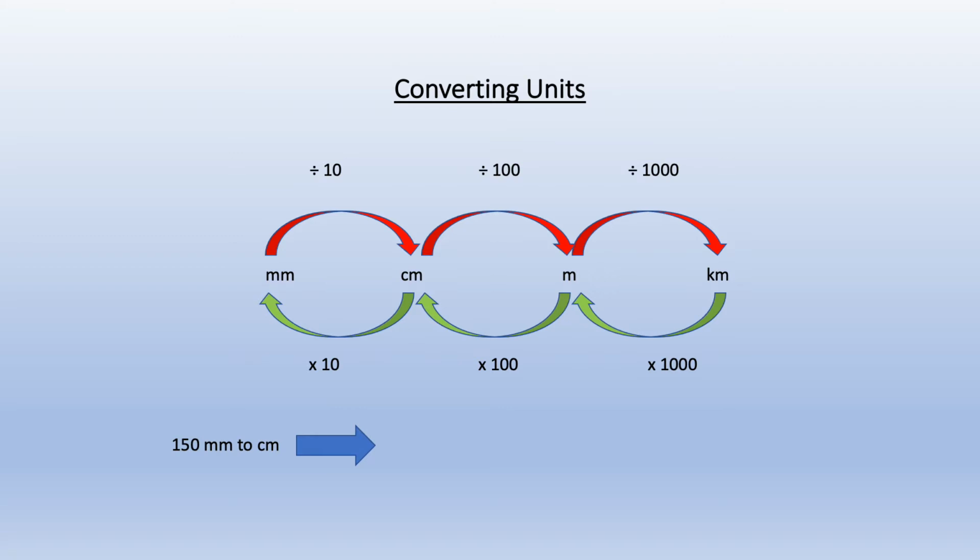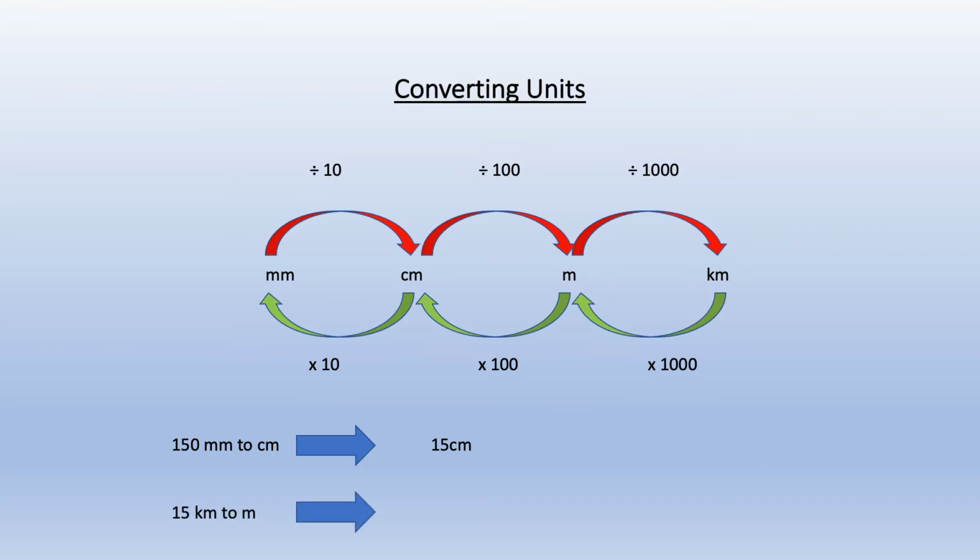For example, we have 150 millimetres, which needs to be converted to centimetres. So we can look at our diagram here, and in order to convert millimetres to centimetres, we divide by 10. So 150 divided by 10 equals 15 centimetres.